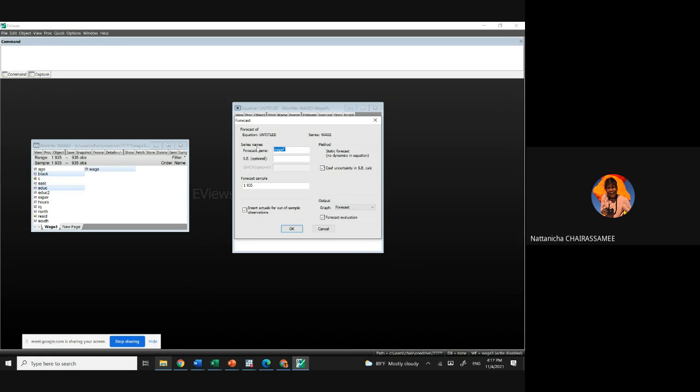And then they will ask you the series name that you would like to name your new variable. They already set a default: your dependent variable name followed by F. So F here, I think, is in charge of the forecast. If you don't want to change it, just leave it there. It's a default. And then just click OK.